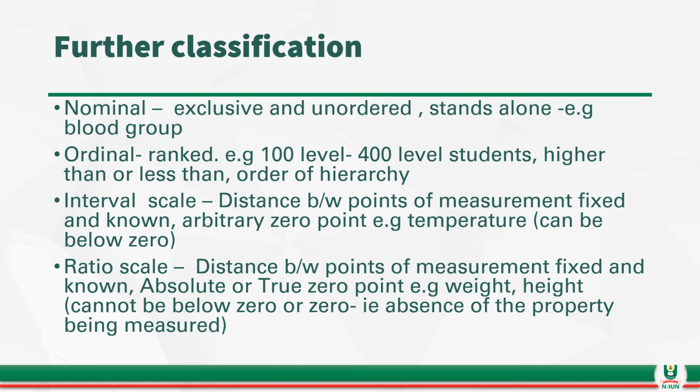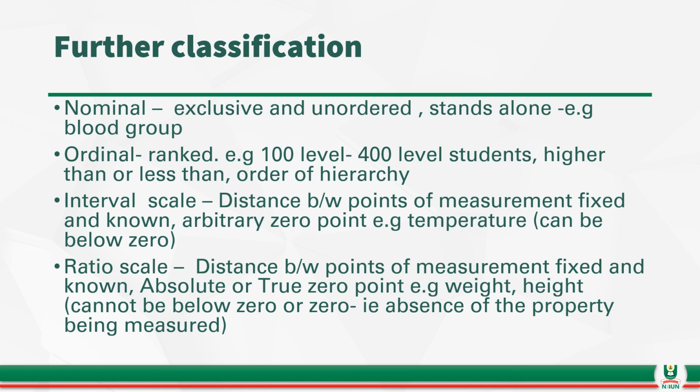It can also be interval scale. Interval scale is when the distance between points of measurement is fixed, with an arbitrary 0 point. Like when you measure temperature, temperature can be below 0. It can be 0, it can be minus. That is an arbitrary 0 point. But in ratio scale, there is no arbitrary 0 point. What you have is a true 0 point.